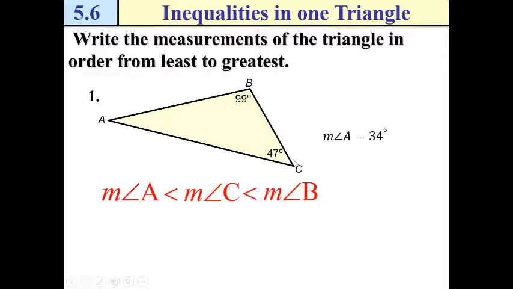Side BC is opposite to the smallest angle, so side BC is the smallest side. After that, side AB is opposite to angle C, the middle one, and the largest one is side AC, because it is opposite to the greatest angle, angle B.